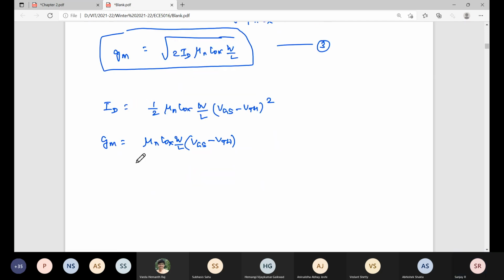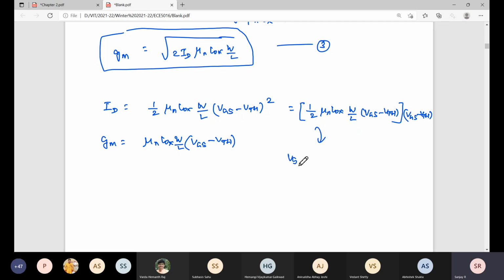So now you can see this expression I can write as half mu n Cox W by L (VGS minus VT) into (VGS minus VT). Am I right? Yes. Okay, so from this expression I want VGS minus VT.